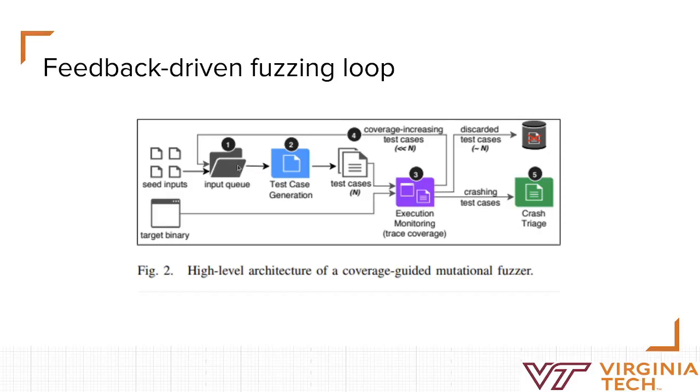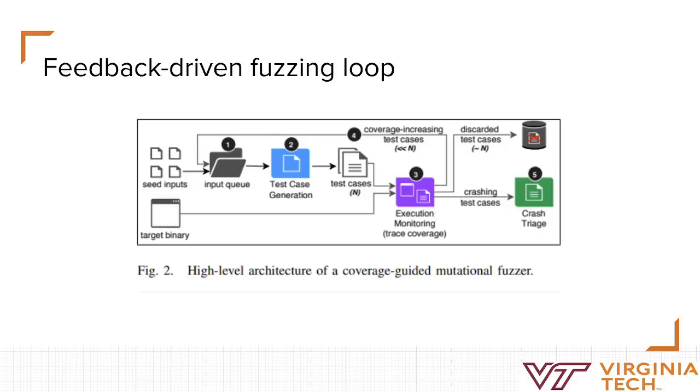The fuzzer will take inputs out of this queue and then do test case generation, which means modifying that input slightly in order to hopefully cause some new interesting behavior in the program. So the fuzzer takes inputs from the queue, modifies them slightly in this step, and that produces a test case. Then the fuzzer runs the target binary, passes that test case to it, and monitors the target program as it's parsing that test case.